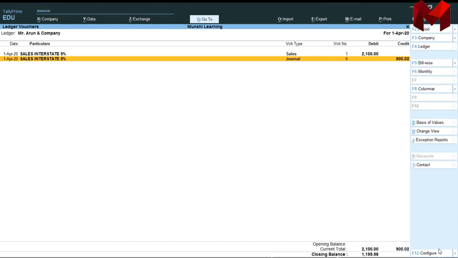In that case, the debit balance will be increased by 900 rupees or any amount which I want. So this is how debit credit notes work. This is used to increase or reduce your existing amounts.